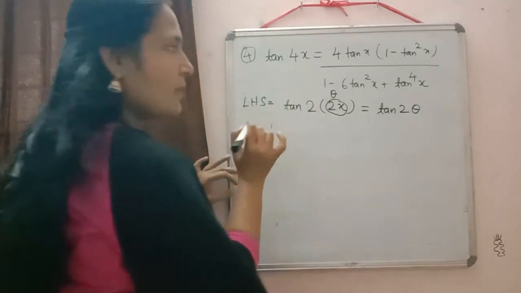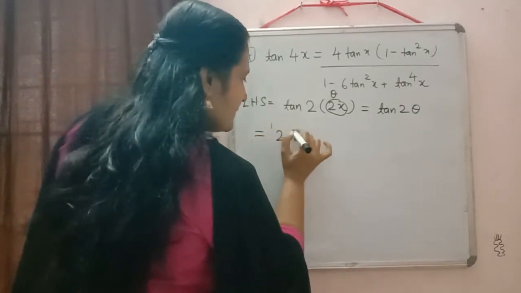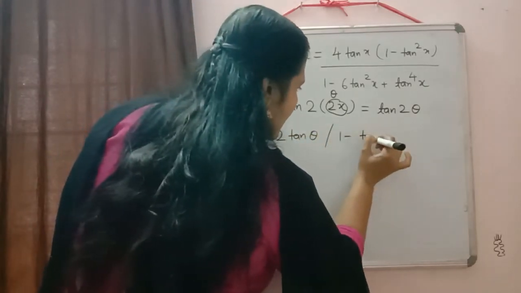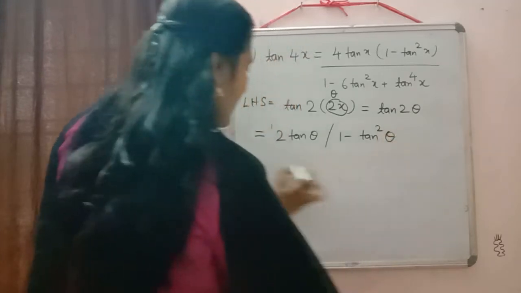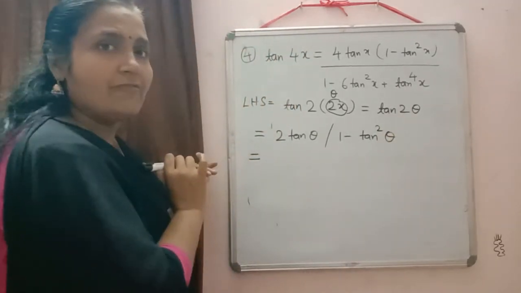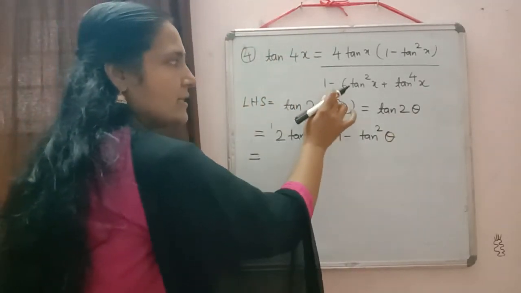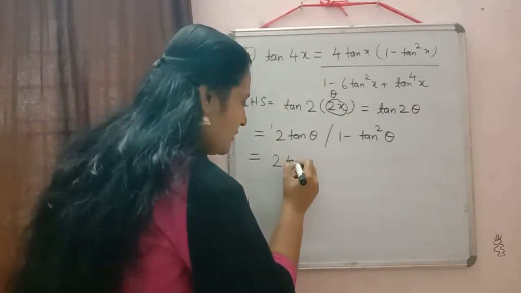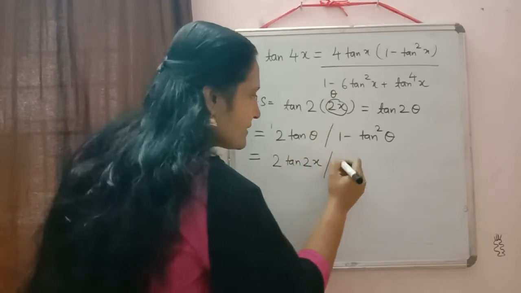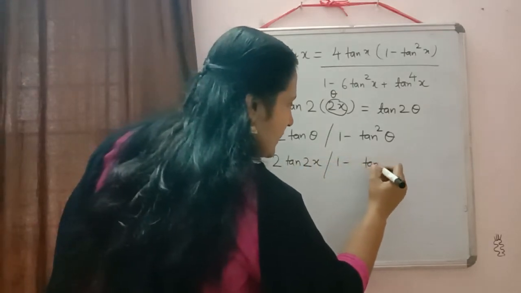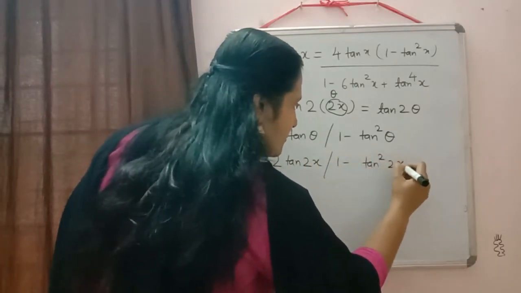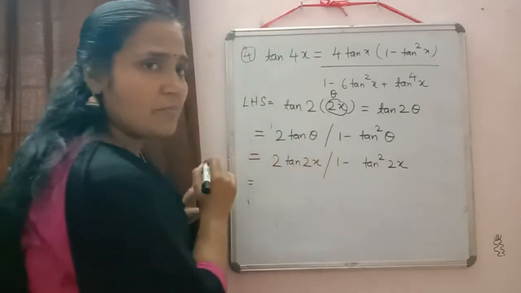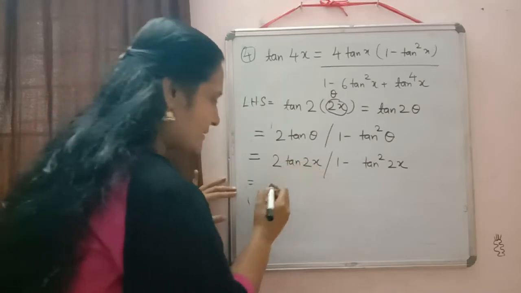And what is the formula of tan 2 theta? That is 2 tan theta by 1 minus tan square theta. Now we will substitute the value of theta here. What we have taken, theta is equal to 2x. Then here it will come 2 into tan 2x by 1 minus tan square 2x. Correct? Now once again we can use the formula of tan 2x here.